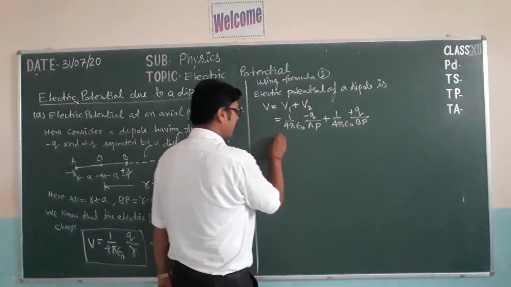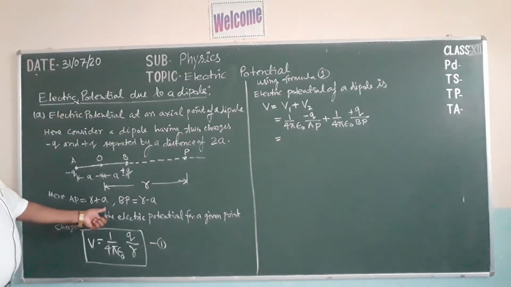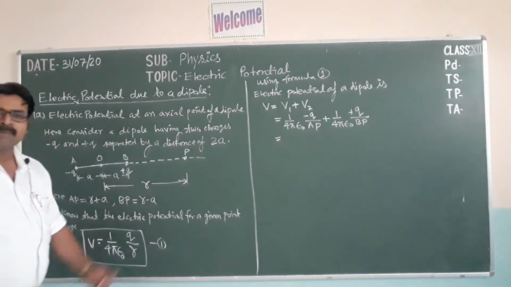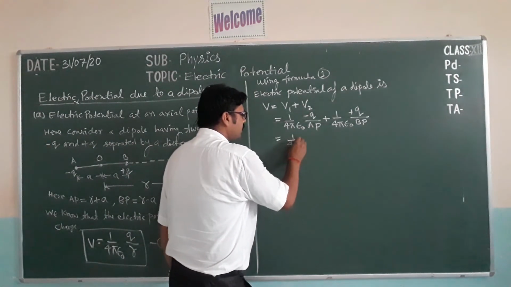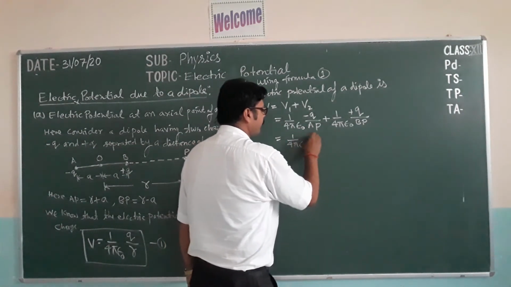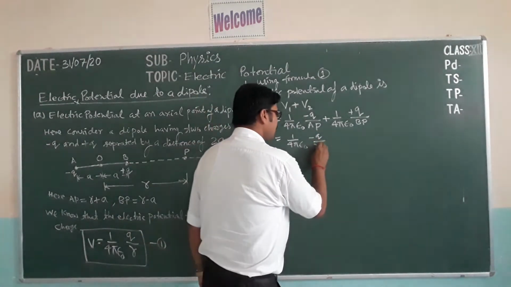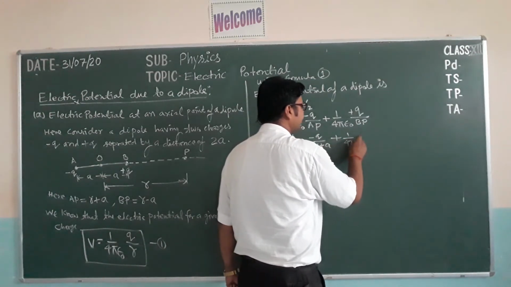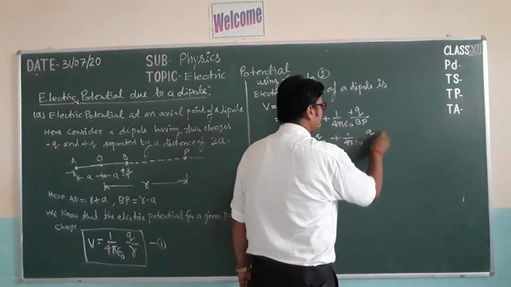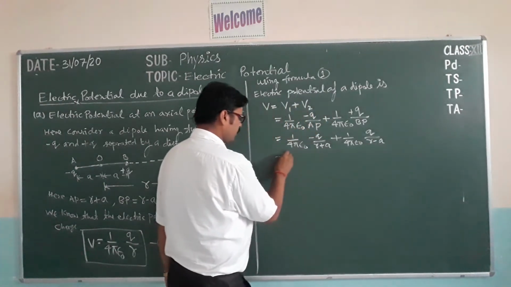Put the values of AP and BP: AP equals r plus a, and BP is r minus a. So the value will be minus q upon r plus a, plus 1 upon 4 pi epsilon naught q upon BP, that is r minus a.